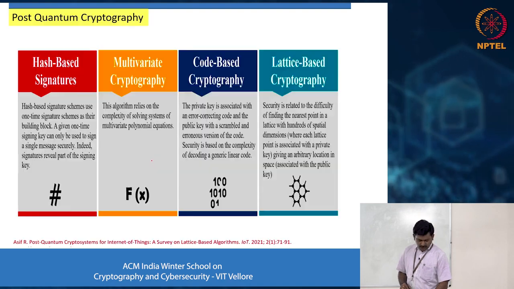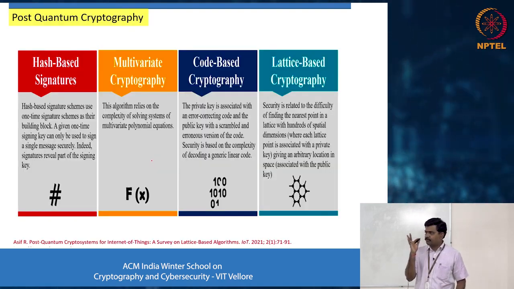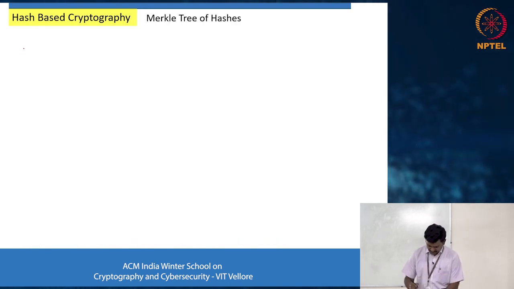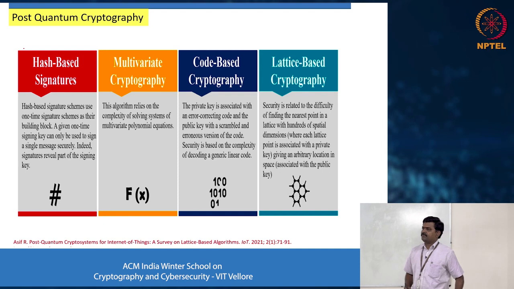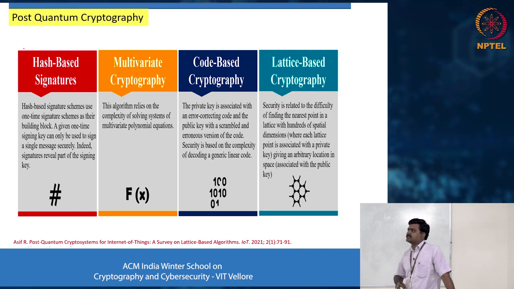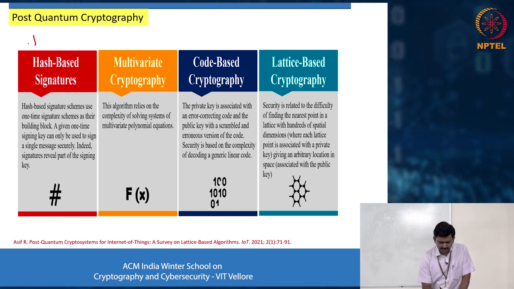Is that fine? And if you are really interested in post-quantum cryptography, there are four branches. One is called hash-based signatures. By the way, have we discussed hashes? Today we discussed hashes. So hash-based signatures are one of the branches of post-quantum cryptography.